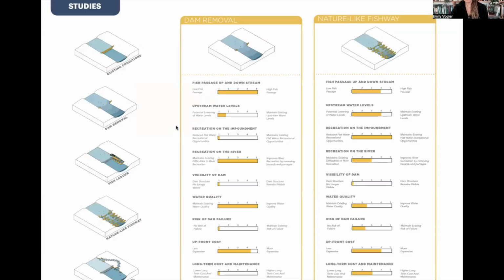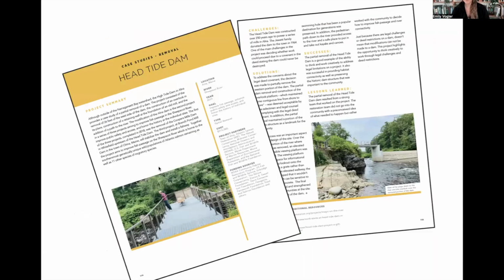The second part of the website is around case studies. And so looking at some of the typical strategies that are used when thinking about the future of the dam, specifically trying to look at alternatives where we are moving beyond just a binary of discussing keeping or removing the dam, but also looking for creative other alternatives, that other space.